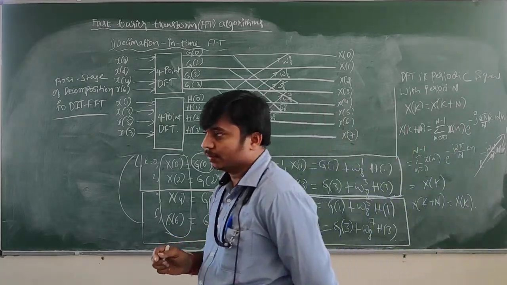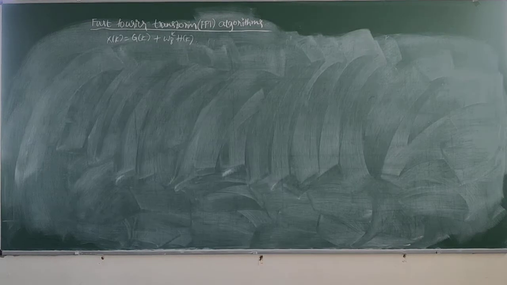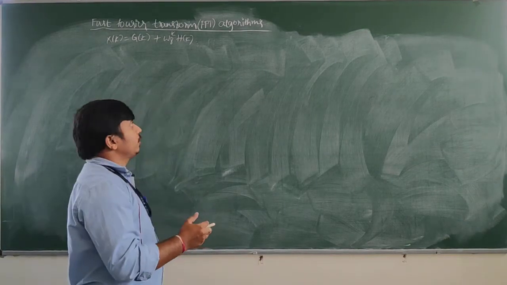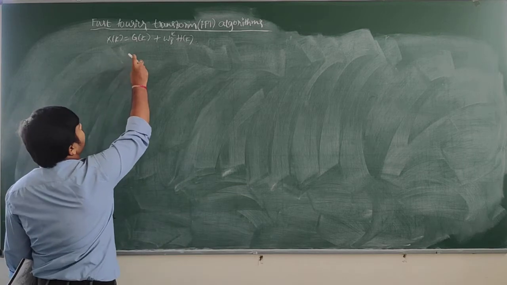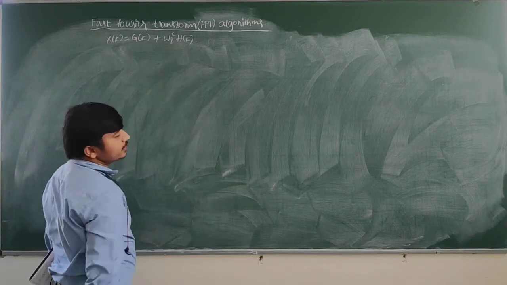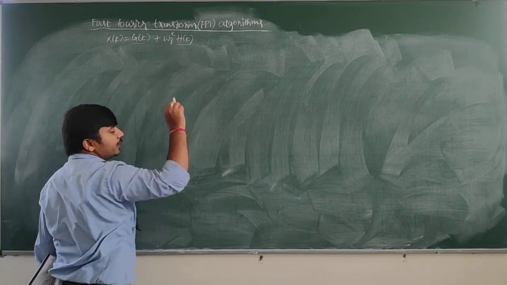So next, x of k is equal to g of k plus w8 power k into h of k, where this g of k and h of k are also DFT equations.